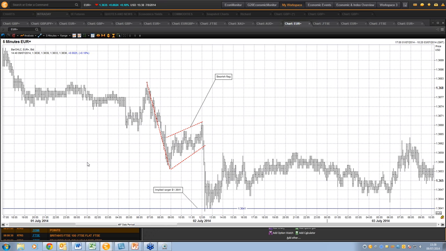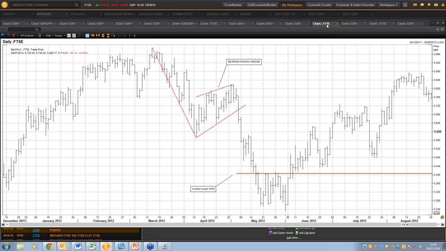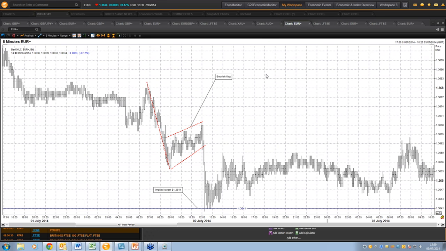But still, one tip I would give you on flags is they do tend to work very well on short-term charts. I have noticed in my trading of Forex, on the 1 minute and 5 minute charts, when they do start to go in one direction, you will get a consolidation which will turn into a flag or a wedge, depending on how you want to call it, before moving once again in that same direction.